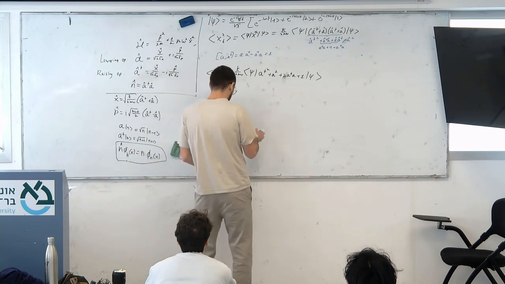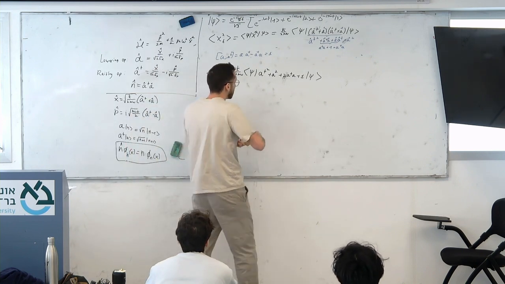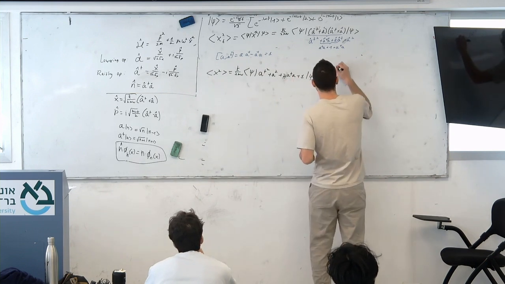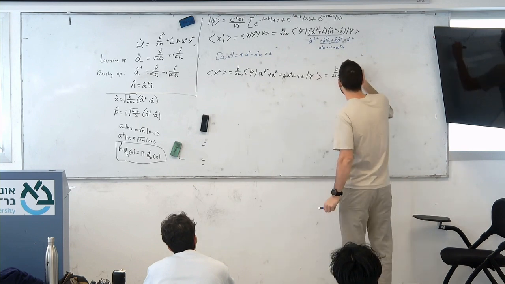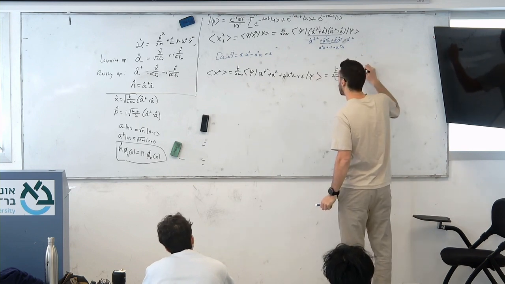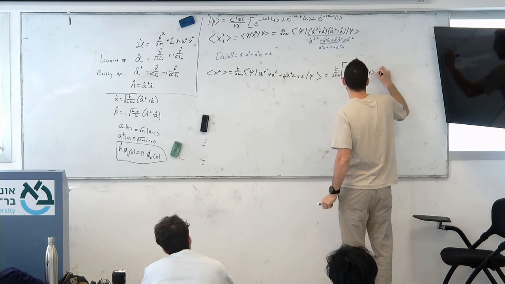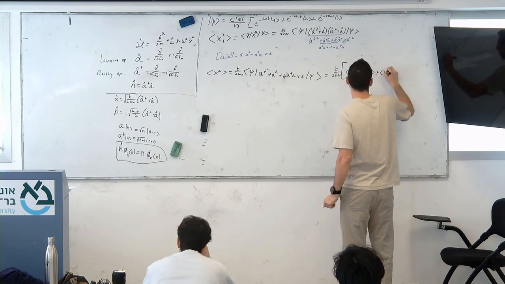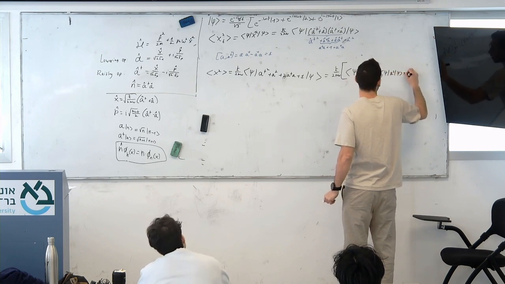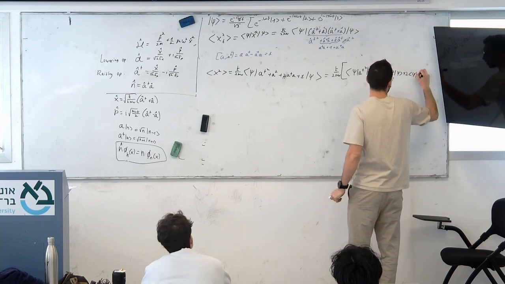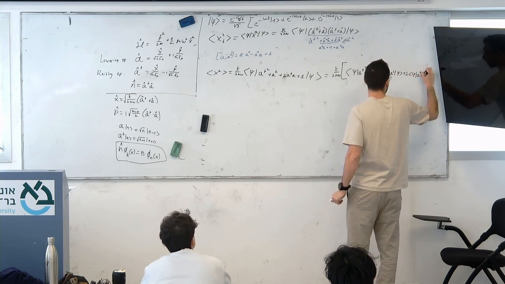We say that this is equal to h bar over 2m omega, psi a dagger squared psi plus psi a squared psi plus 2 psi a dagger a psi.